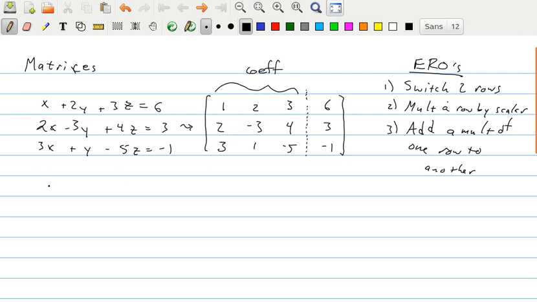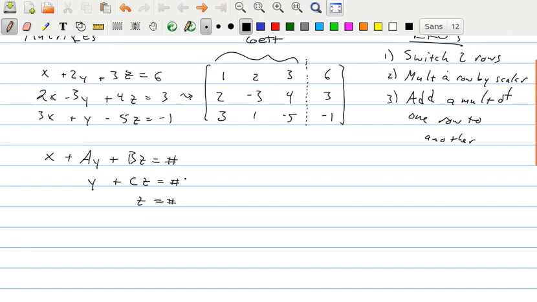Remember what our initial goal was: to rewrite this system of equations as an easier one. x plus some y's plus some z's equals a number. Then our second equation has no x's, it has a y and some z's equals a number. And then our last equation is z equals a number. As far as matrices are concerned, we want our matrix to eventually look like 1, and then a number, a number, and a number.